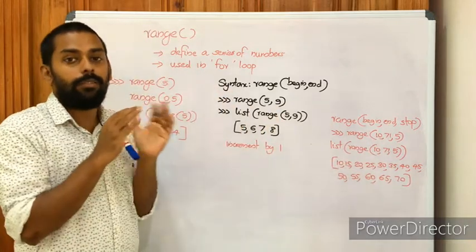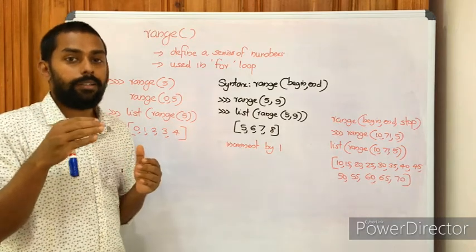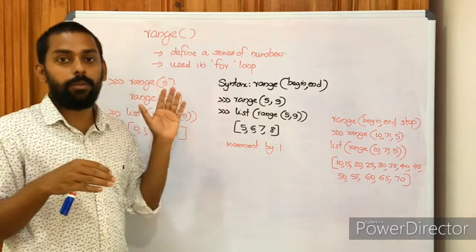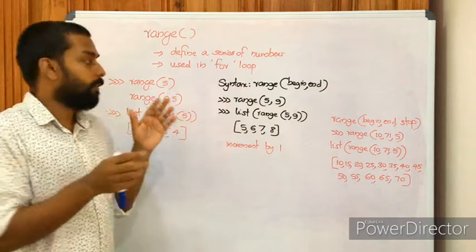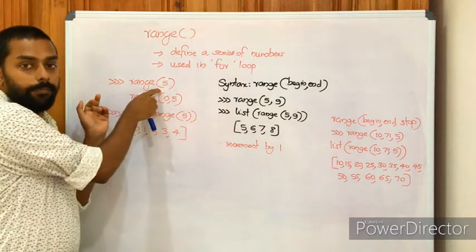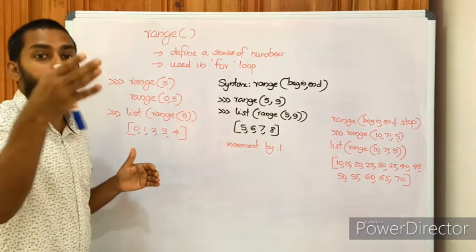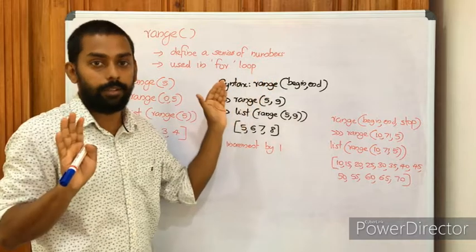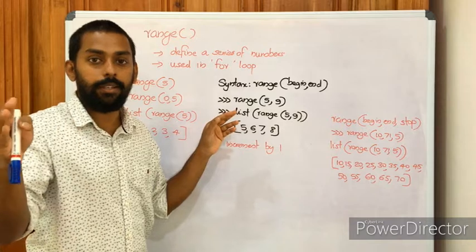So these are the three ways to apply the range function. Range function is used to define a series of numbers, and mainly used in for loops. We can apply it in three different formats. One is just applying the end. Then it goes from 0 to n minus 1. In the second case, we can specify both beginning and end. Range of 5, 9 starts with 5 6 7 8, up to n minus 1.